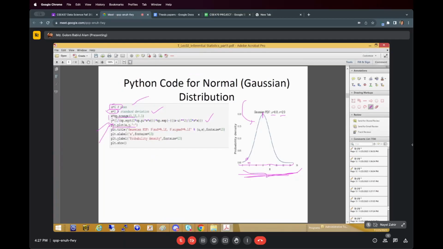If we get the X and Y and plot them, then we will get this kind of curve. This is actually our Gaussian distribution curve. So what we need to know is mu, and also we need to know sigma.